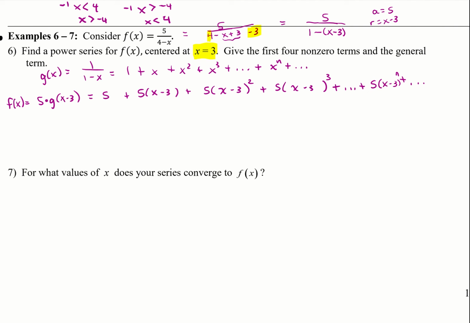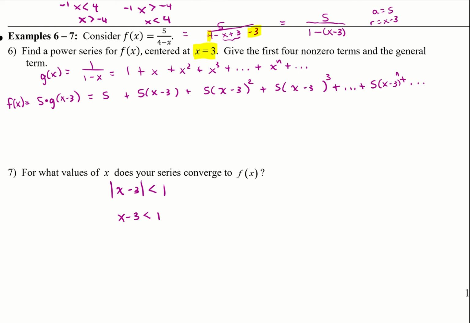We now want to see where this would converge. Well, this is all about r. I want the absolute value of r to be less than 1. So, in order for this to happen, x minus 3 needs to be less than 1, and x minus 3 needs to be greater than negative 1. Now, there's a lot of different ways to think about this. The strategy you learned in Algebra 1 is you make it less than positive 1 and greater than negative 1, and the symbol has to flip.